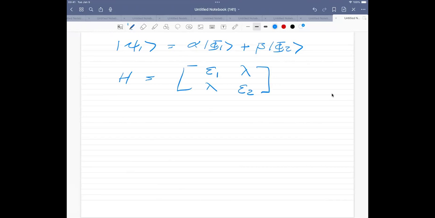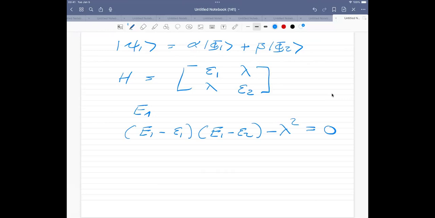So this is a pretty simple Hamiltonian matrix, and the characteristic polynomial, which we have to find the roots of, is, if I look at the eigenvalue E1, simply E1 minus epsilon 1 times E1 minus epsilon 2 minus lambda squared equal to 0. And this should be pretty easy to find.